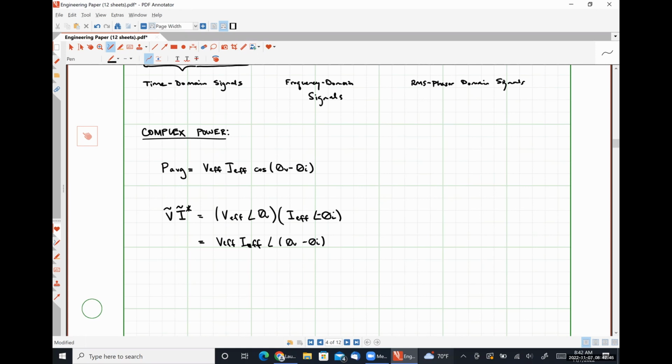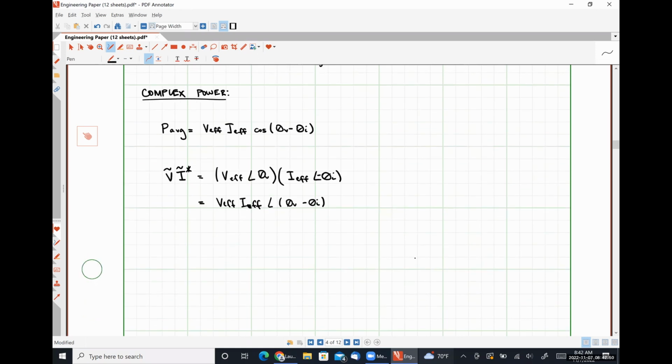So I have theta V minus theta I. Now, our average power is just the real part of V effective, I effective, angle theta V minus theta I, or it is the real part of the product of the RMS phasor voltage and the conjugate of the RMS phasor current.